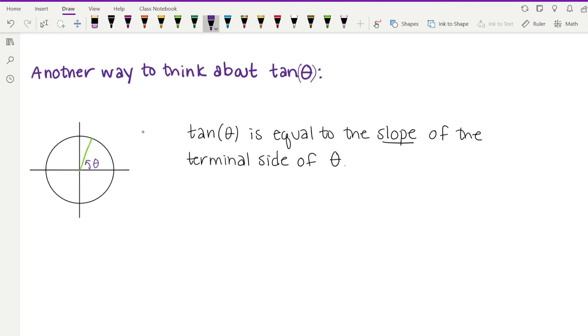Let's say that this angle theta has an x-coordinate and a y-coordinate that I'll just label generically, as x and y. We know that tangent can be found by doing y over x, right? Sine over cosine. We'll come back to that in a second, but let's first think about how you would calculate the slope of this green line segment. So maybe let me write down here, why is this true?